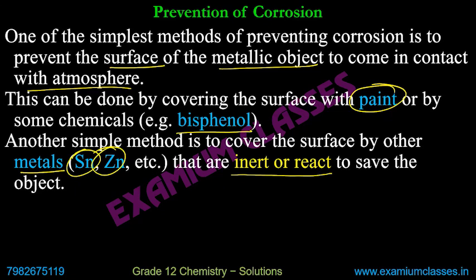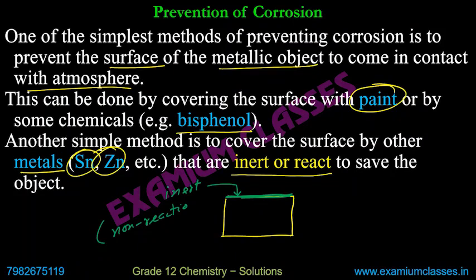So instead of the iron metal, suppose I have an iron object and I get a metal surface over it, another metallic surface over it. So there are two possibilities. Either this metallic surface is non-reactive, inert. So this is one way.